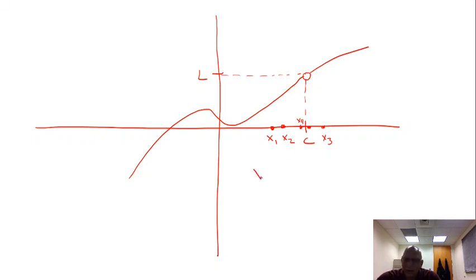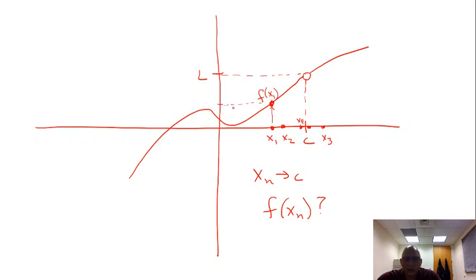For any sequence xn which converges to c, I consider what happens to their y values if I plug them into my function. So x1 gets mapped up to here. This is f of x1, really the y value.